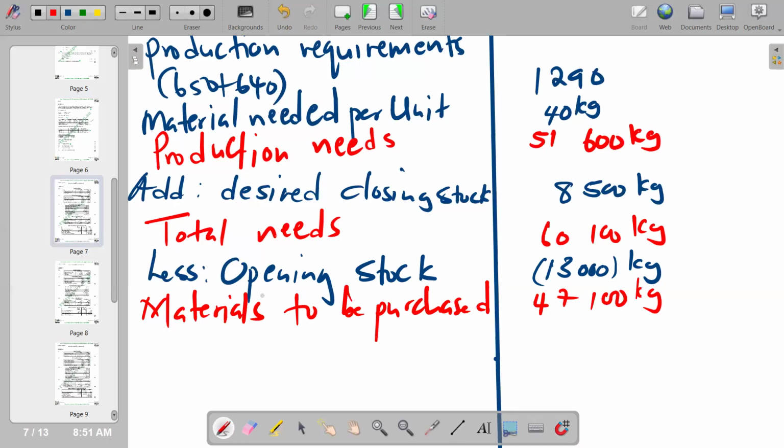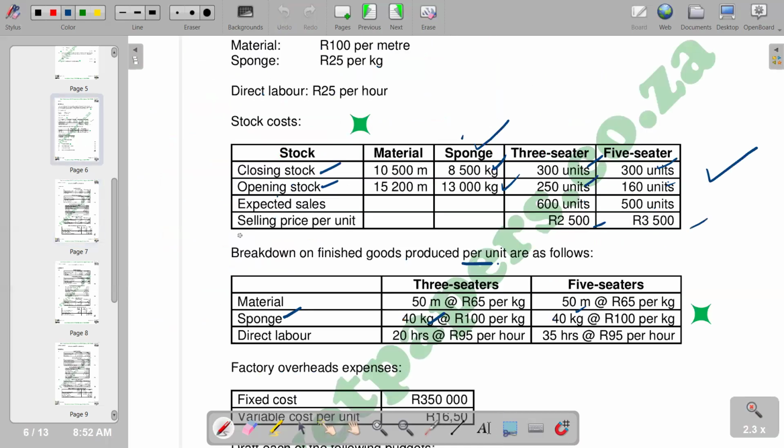With that, we are supposed to look for the cost per material. If you check, for sponge we are given 100 rands per kg, and it's also 100 rands per kg for the 5-seater.